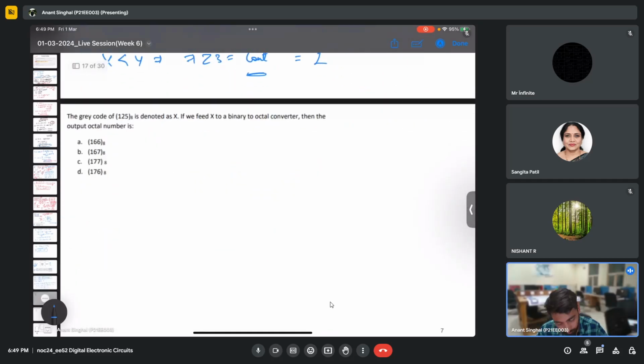This is basically the gray code of this is denoted by x. So if we feed x to a binary to gray conversion, so maybe you can try it out.